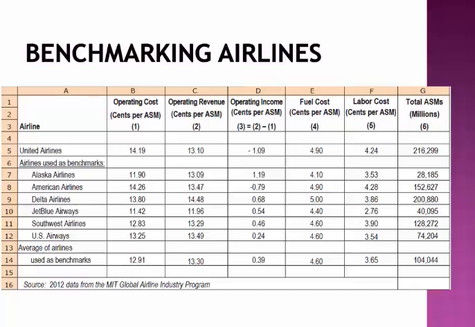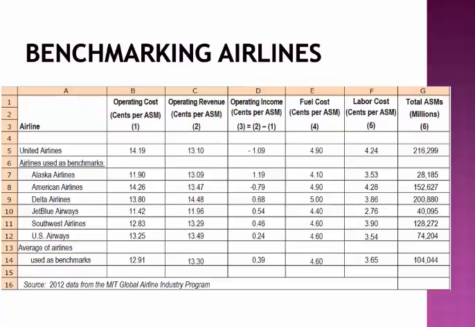Looking at their revenues per ASM, United Airlines is at $13.10 per ASM, but the highest amount of revenues per ASM, and I'm looking at a different set of information in an old version of the textbook here.